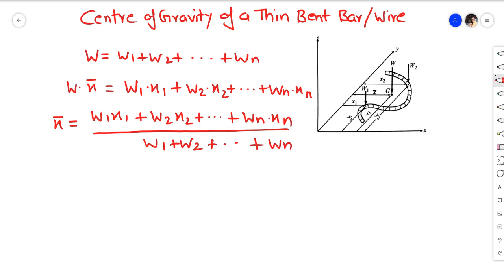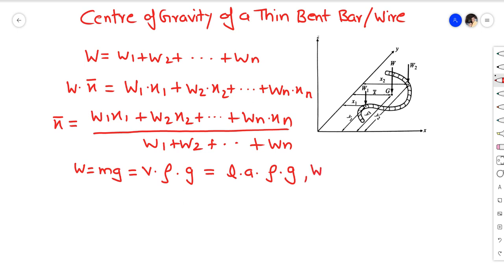Now we can write W is equal to mg and m is equal to volume into uniform density, into g. Again, the total length of the wire is L, the uniform cross sectional area is A, uniform density rho, and uniform gravitational field g. So we can write W is equal to L A rho g.